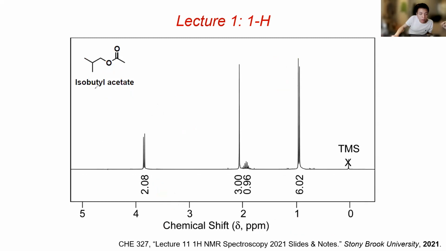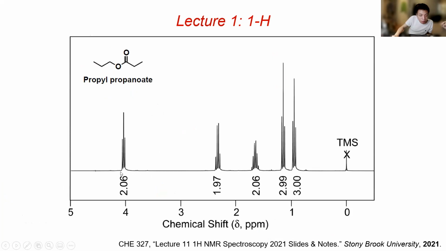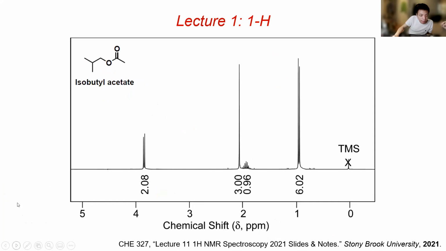And then isobutyl acetate. Here's a nice rule you guys can follow. In between 4 and 3 ppm, you can almost assume that there's an ester. And that hydrogen is corresponding to that one.